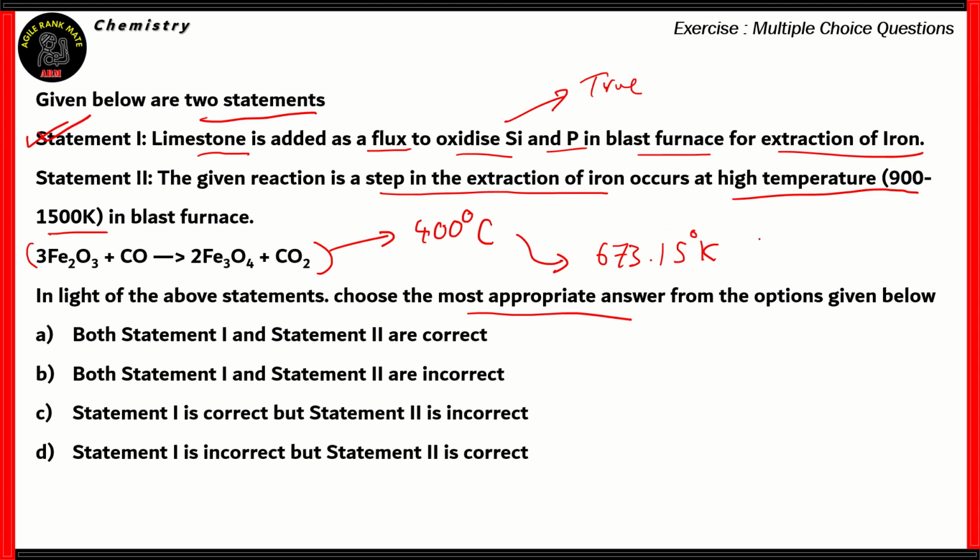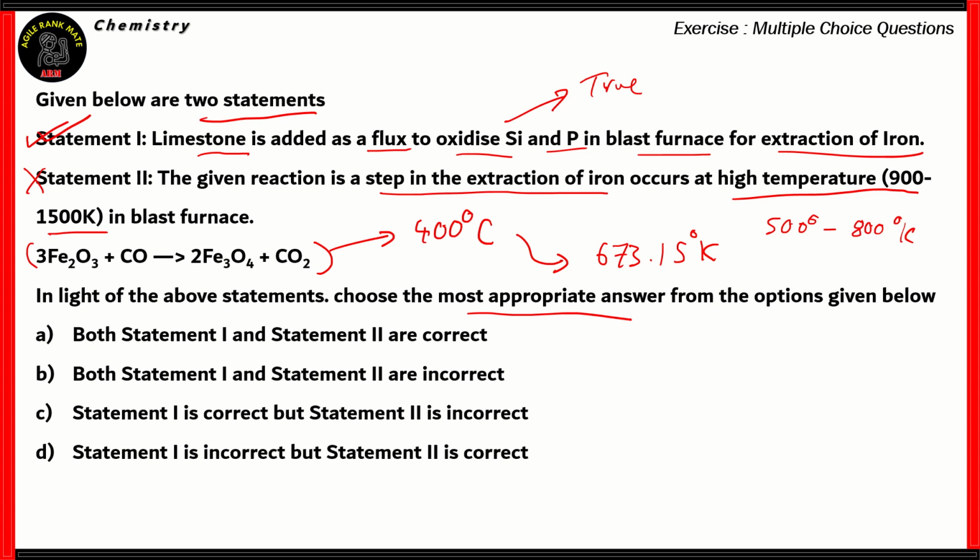This particular reaction occurs between the 500 degrees Kelvin to 800 degrees Kelvin range. So therefore, statement 2 is an incorrect statement because the temperature range mentioned here is incorrect. It occurs in the moderate temperature range and not the high one.